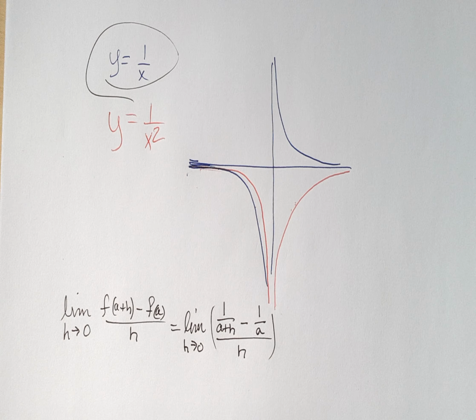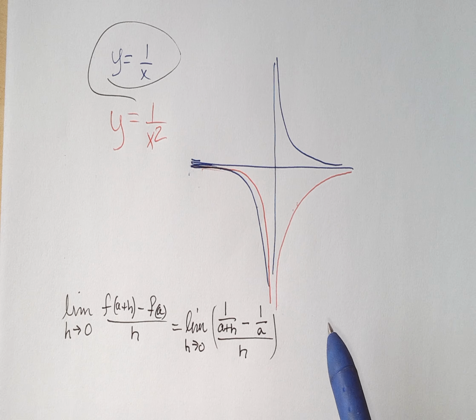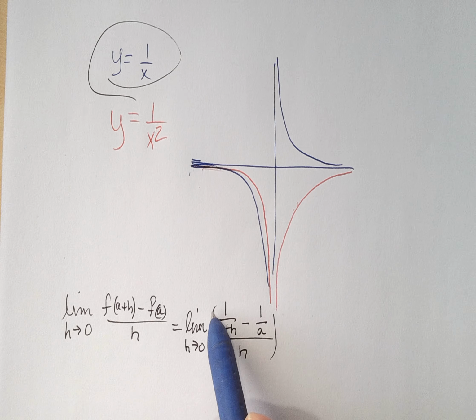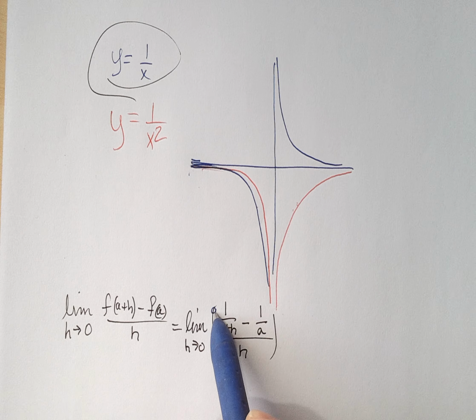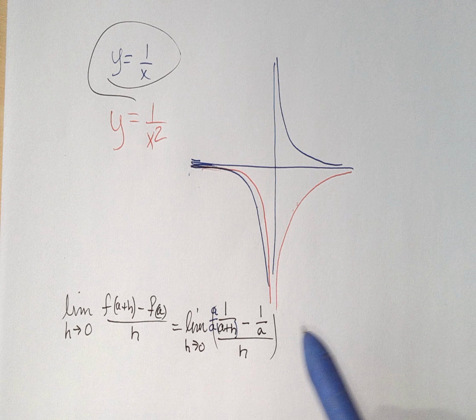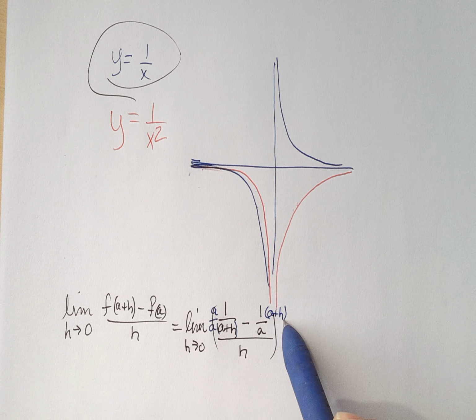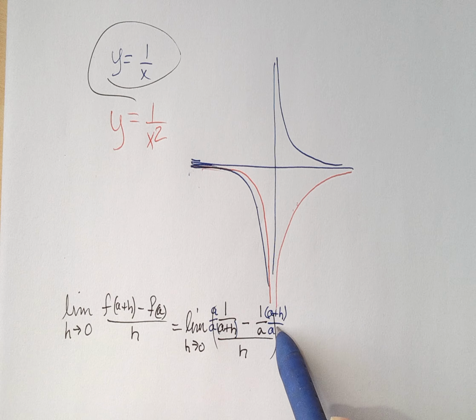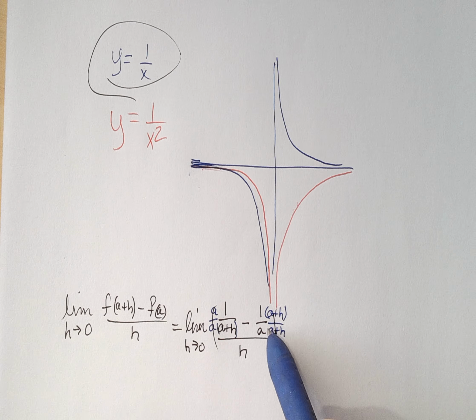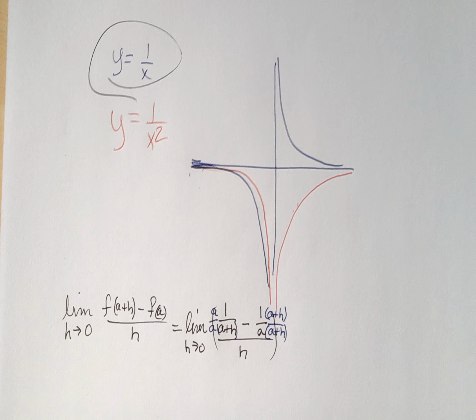All right, now to do this, we've got subtraction of fractions, so we got to get a common denominator. So I got to multiply this one by a over a, and I have to multiply this one by a plus h over a plus h. So now, what do we have?